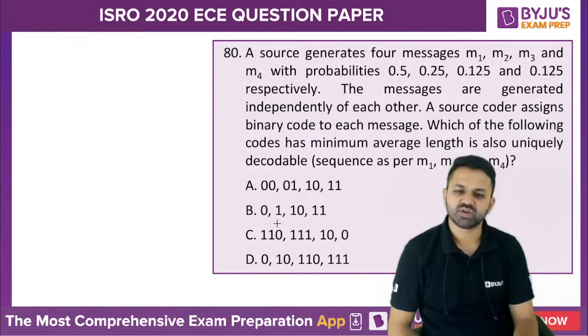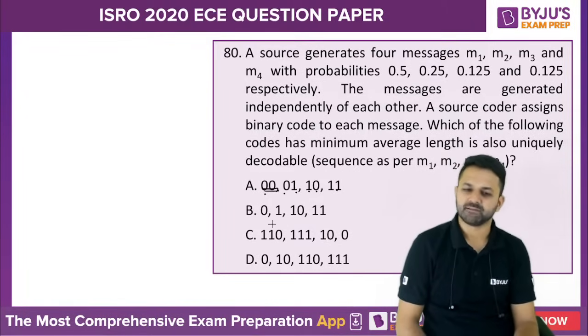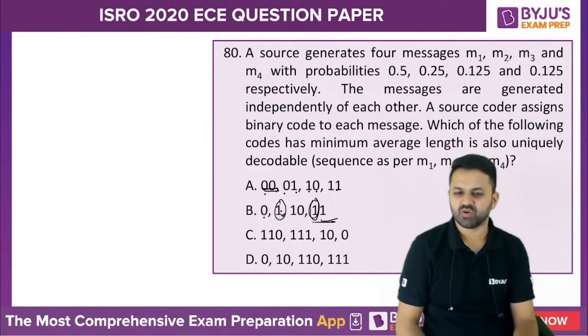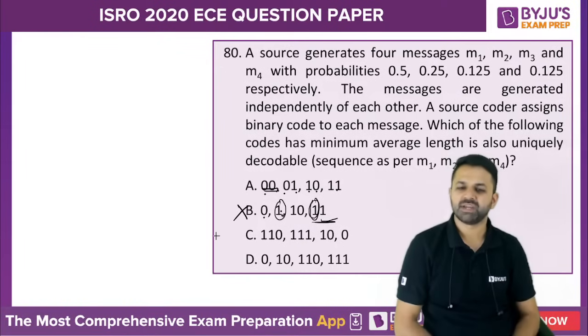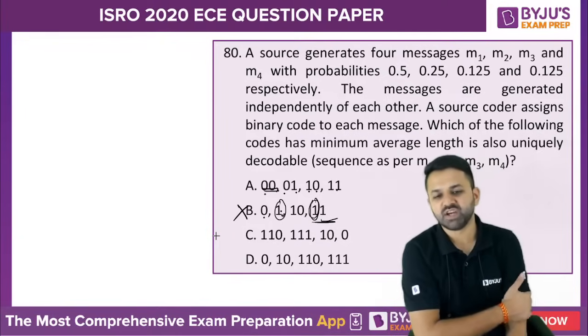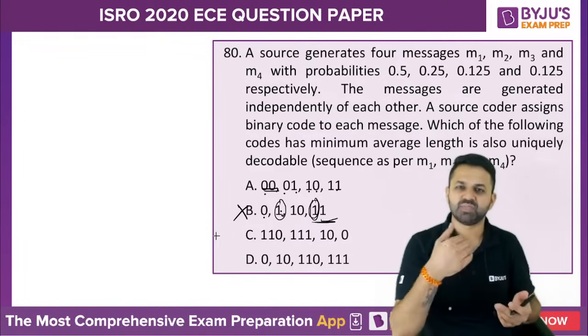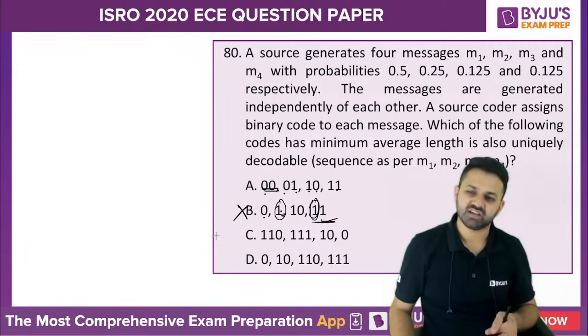So, for the option B, you can see that because this is uniquely decodable, it should be there. So there is no code which is repeating. But here, if you will see this 0, 1, this 1 is in the prefix of this particular code. So this is not a valid code word which is uniquely decodable. For the uniquely decodable, no other code word should be a prefix of any other code word.